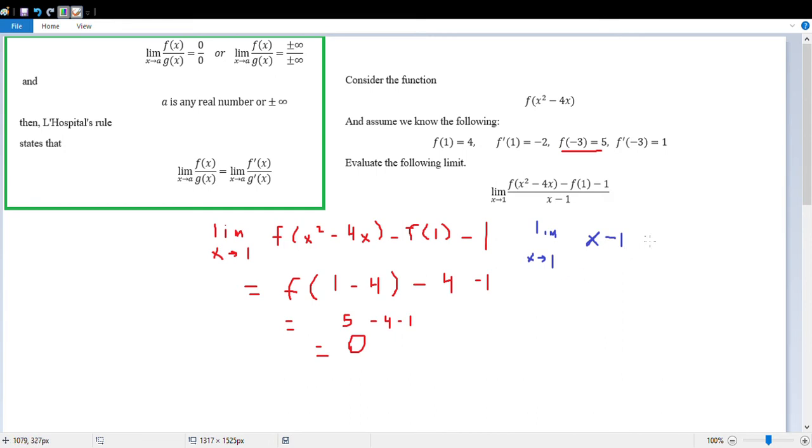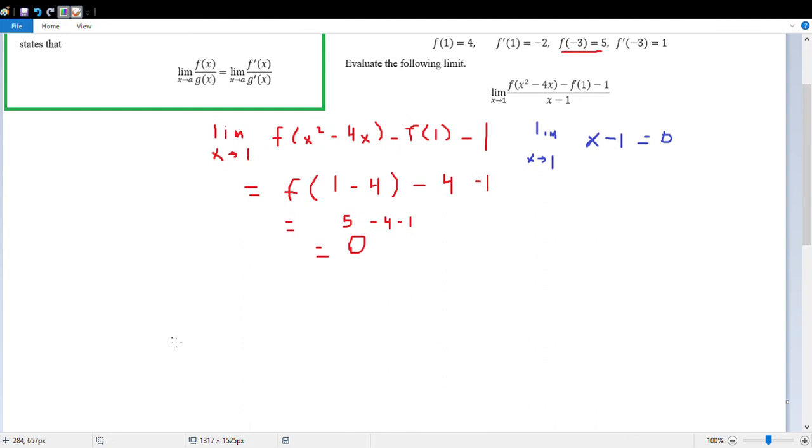Okay, that's easy to do. You just plug in 1 for x and we get 0. Okay, so because the limit of the numerator and the denominator are 0 over 0, we definitely can apply L'Hopital's. So let's do that.